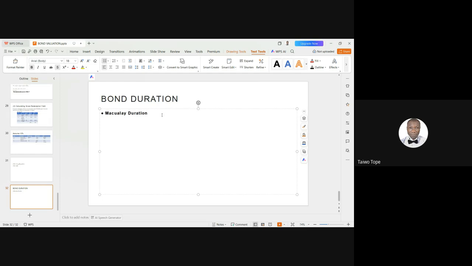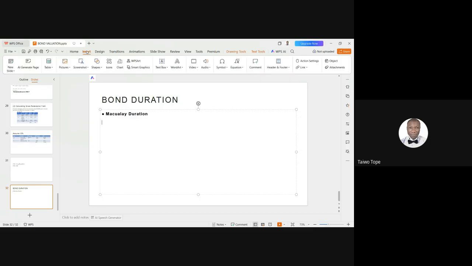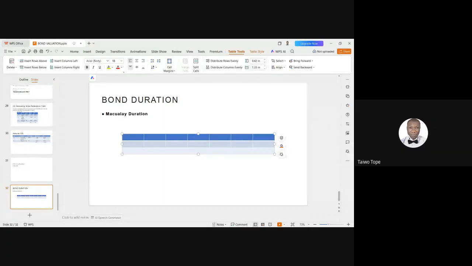I will use the table first before showing the formula so that you don't get scared. The concept is very simple. The formula can look scary, but it's not. It's something you can hold.